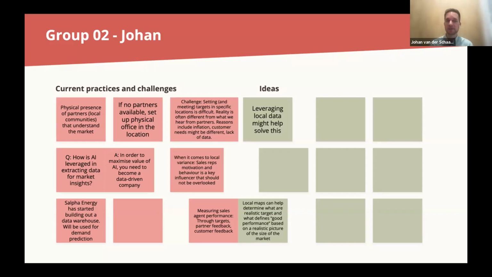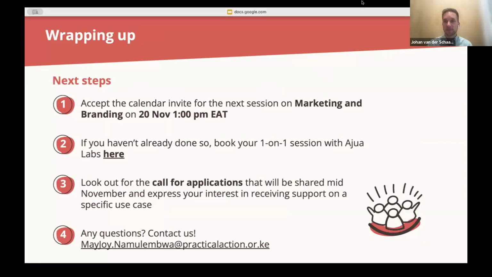We saw a nice example of that from Salva Energy, who has already started to build an internal data warehouse and is going to use it for predicting demand in different areas based on the historical data they have in house. So some different challenges and ideas were explored there, and overall some really nice use cases in both conversations.